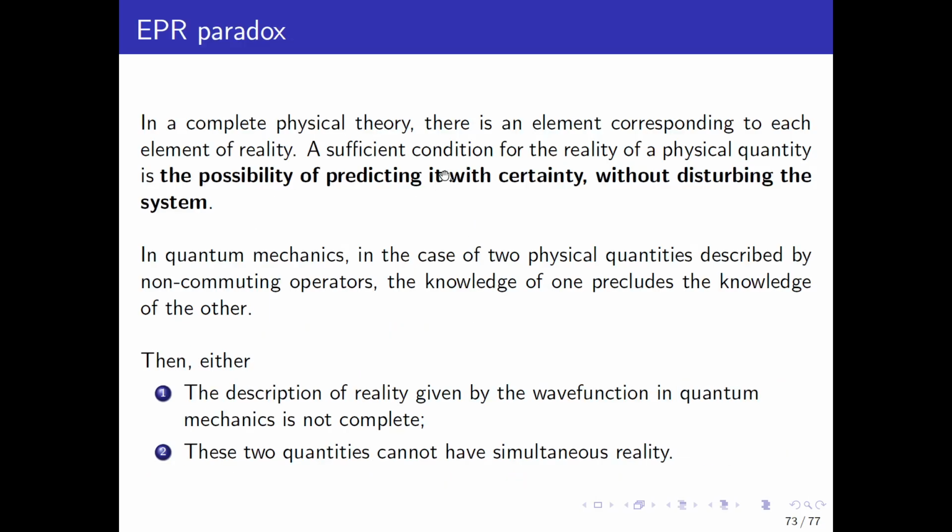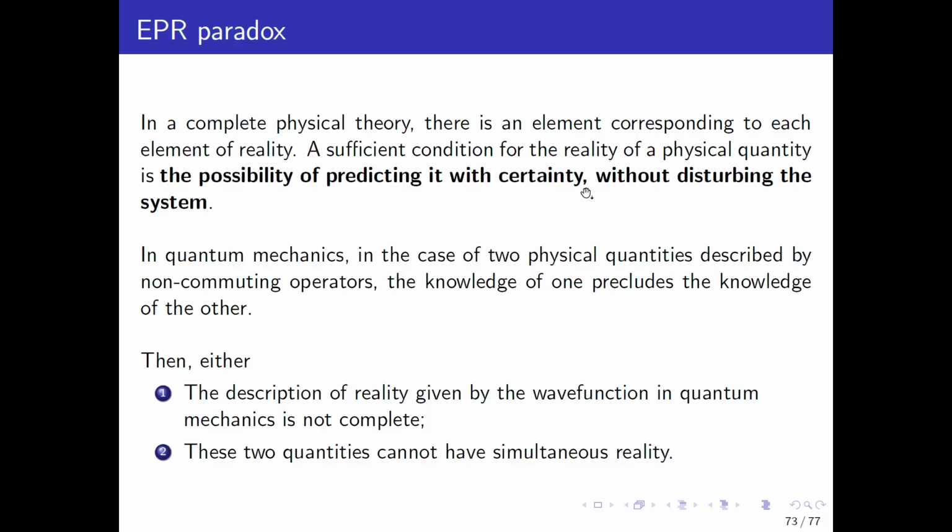Another thing, as I said before, is the EPR paradox, whereby EPR say that if your physical theory is complete, then you always have elements corresponding to elements of reality. So you should be able to predict the results with your complete physical theory without disturbing the system.